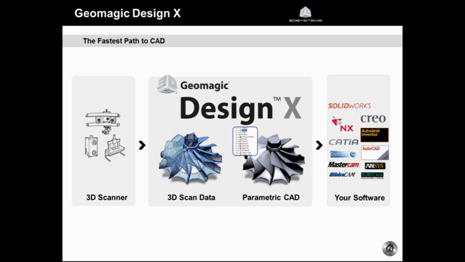We use those parameters to build a parametric CAD model in Design X and build a parametric dependency tree. And this complete model with the tree is then transferred to your CAD software like SolidWorks, NX, Creo, and so on.